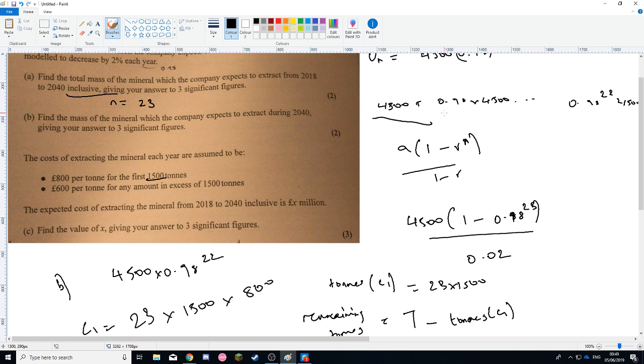So my second term is when the first power of my ratio comes. But n is not 22. N is 23, though. That's the thing. N is 23. It's just the power is 22. For 2040, yeah.